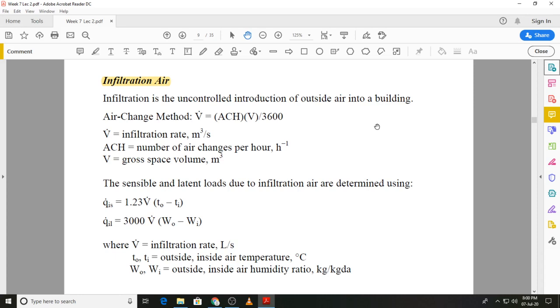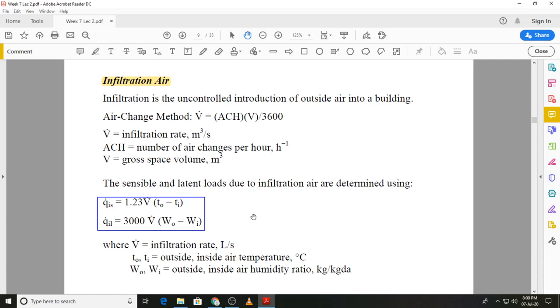Once we have got the value of the infiltration rate in meter cube per second, then we can calculate the load due to infiltration. Remember, there will be a sensible load as well as a latent load by the equations given to us. And you can see that in these equations, the volume flow rate that is used is in liters per second.